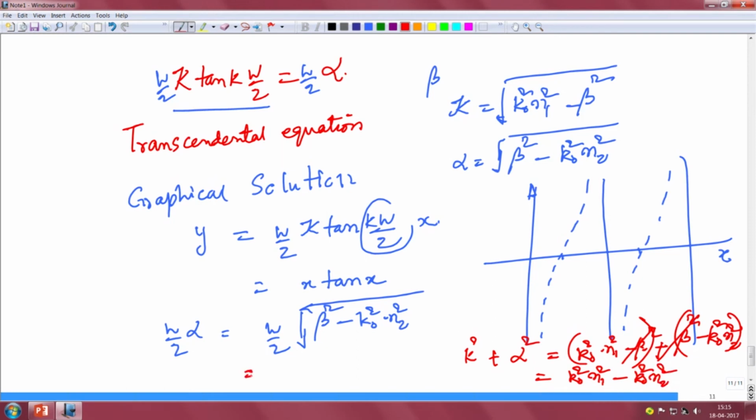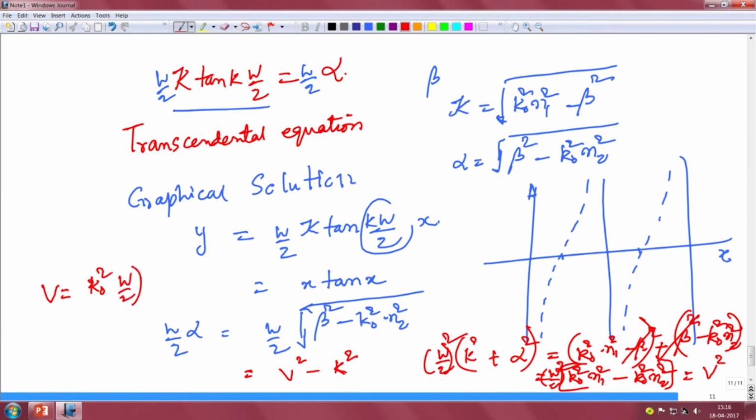Multiplying by w by 2 on both sides, square of it, and representing this by some constant v square, I can say this is v square minus k square, where the constant v is defined as k0 into w by 2 into square root of n1 square minus n2 square.